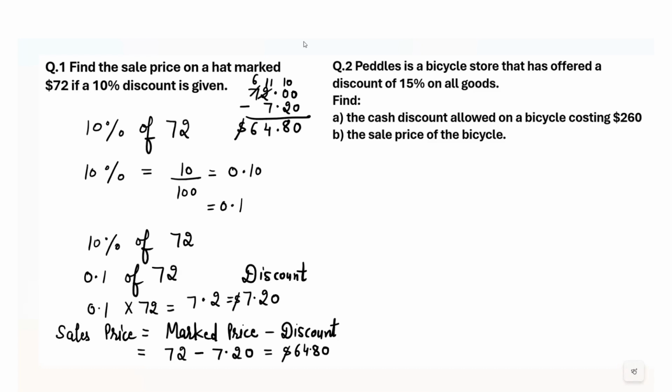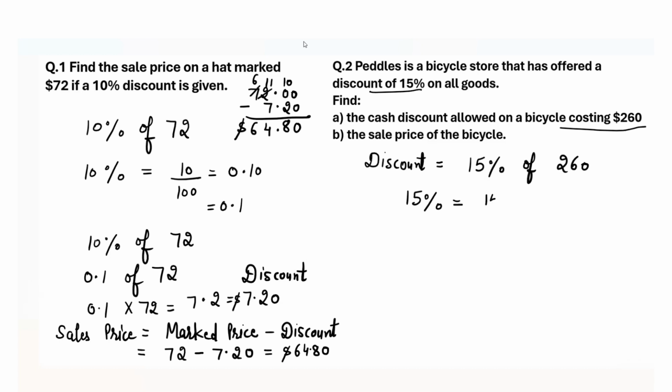In question number 2, they have already given us the cost of the bicycle, which is $260, and how much discount is given: a 15% discount. So the first step is to calculate how much the discount is. The discount will be equal to 15% of 260, and 15% can be written as 15 over 100, which is equal to 0.15.